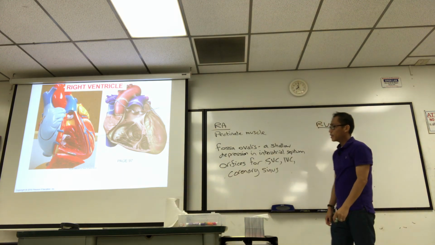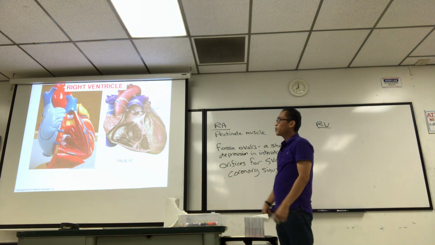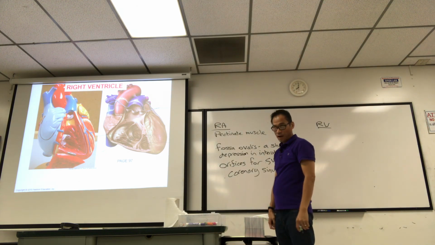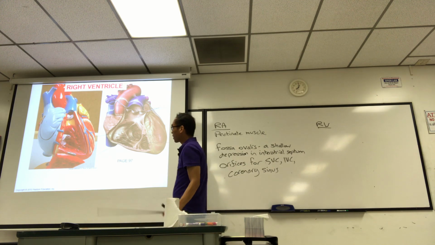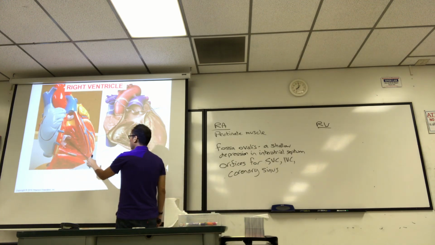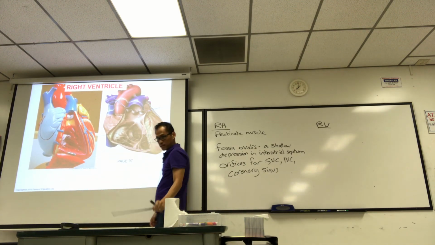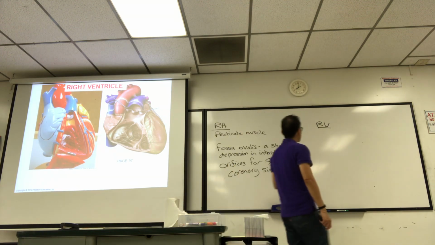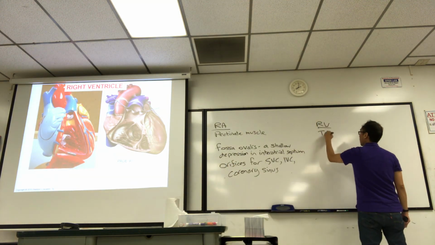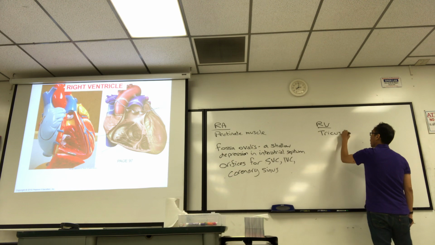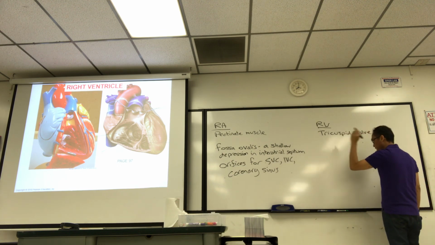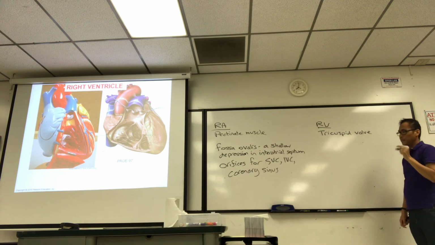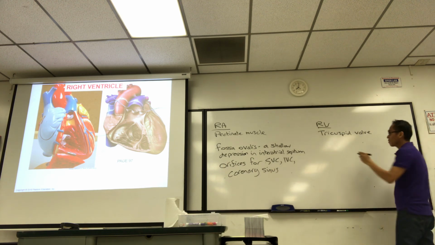you should expect to be able to identify two valves for the RV. Remember, you got the tricuspid and the pulmonary valve. Now, the tricuspid valve has associated with it chordae tendineae and papillary muscle.